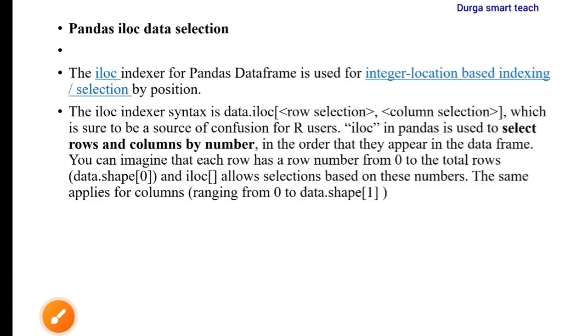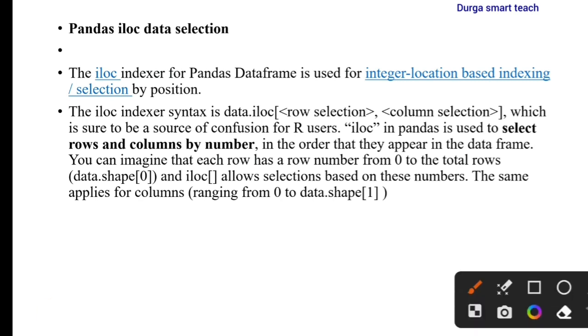Let's see the first one, pandas iloc data selection. The iloc indexer for a pandas data frame is used for integer location based indexing, so here you need to use only integers. The iloc indexer syntax is data.iloc[row section, column section].